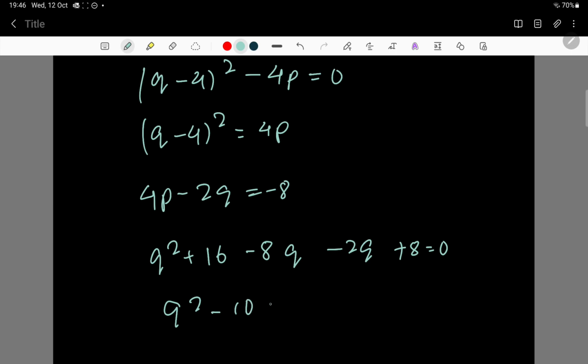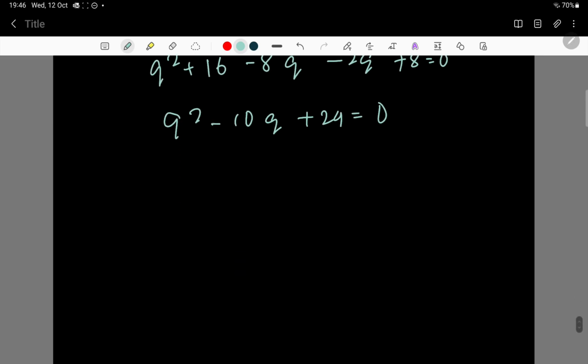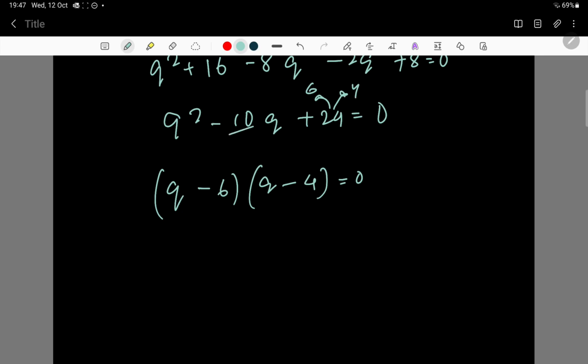So q square minus 10q plus 24, sorry, equals 0. And simple factorization, that would be q minus 6 and q minus 4, if I'm not wrong. This would be 6 4, yes, right? So q can be either 6 or 4.